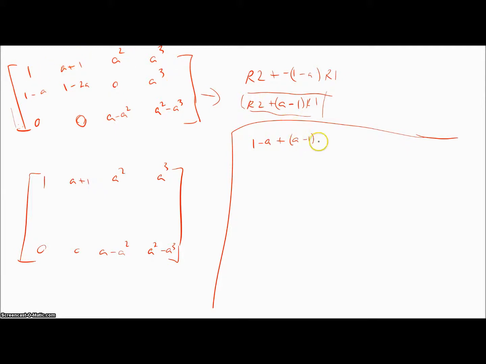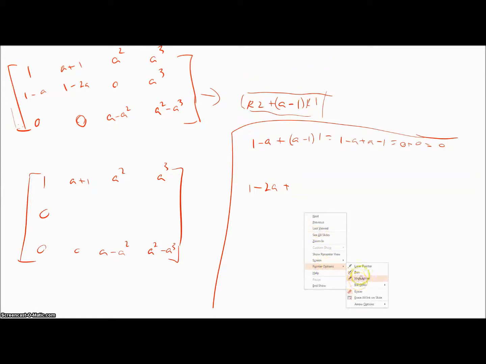What's in row 1? 1. If we do this out, you get 1 minus a, plus a minus 1. Think about what that is. 1 minus 1 is 0. Negative a plus a is 0. That's 0, just like I've been saying. It's 0 here. Let me erase this, because those two say basically the same thing, but I don't want to go back and forth.